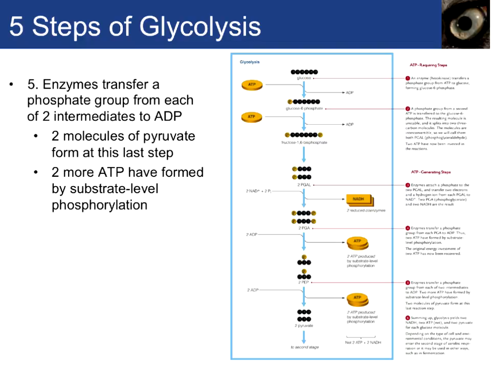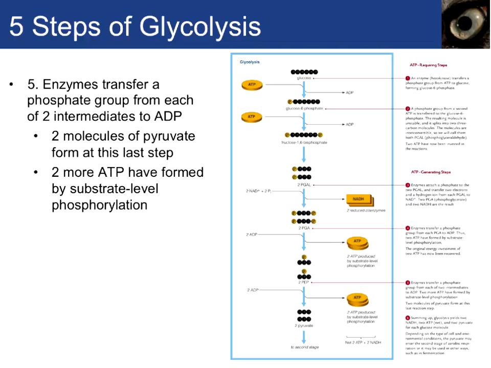Finally, in this last stage, the enzymes transfer a phosphate group from each of the 2 intermediates to ADP. So 2 molecules of pyruvate form at this last step. The 2 more ATP are formed by substrate level phosphorylation, and so therefore this is where you get your total of 4 ATP that are formed.